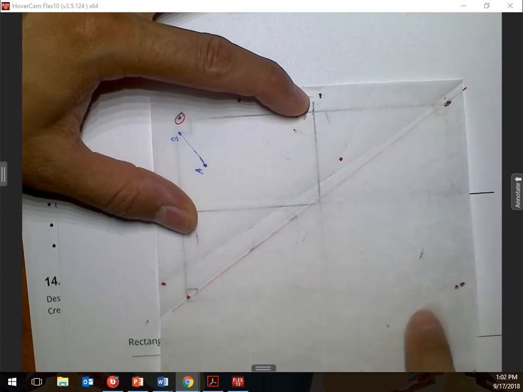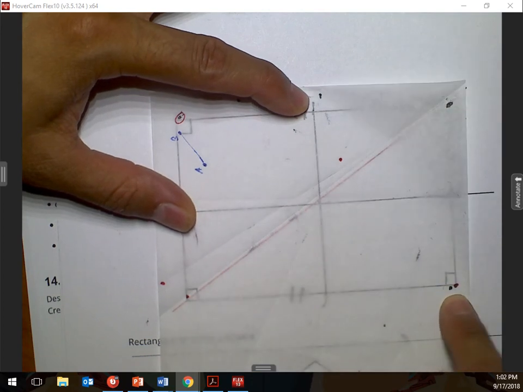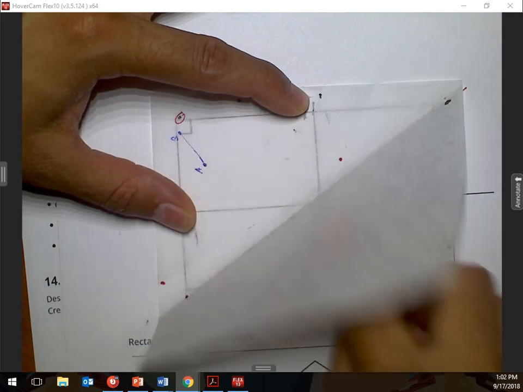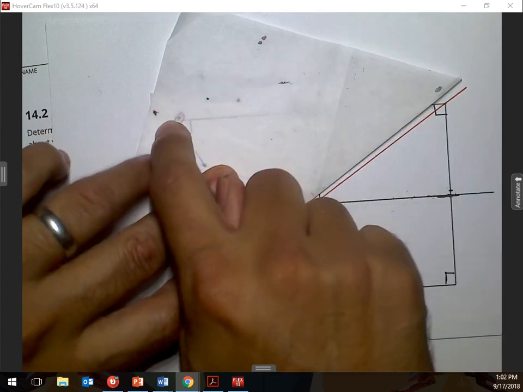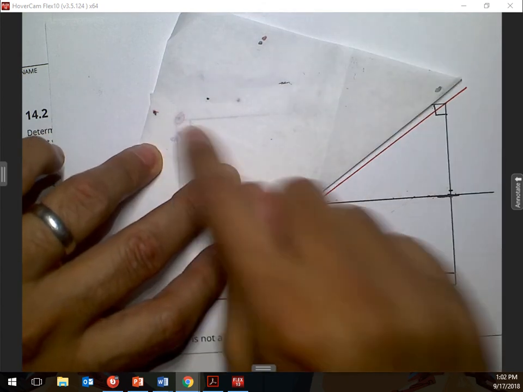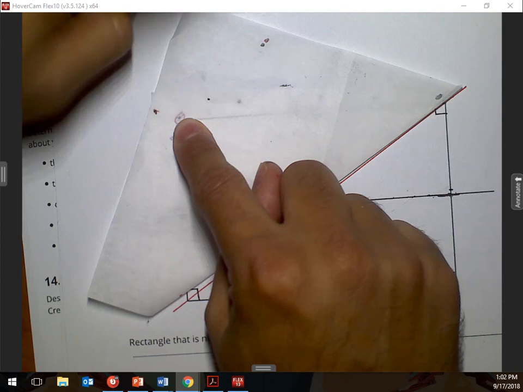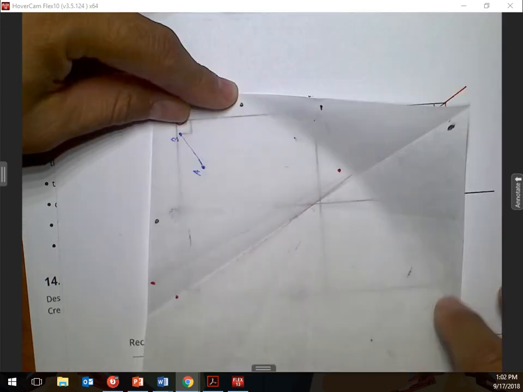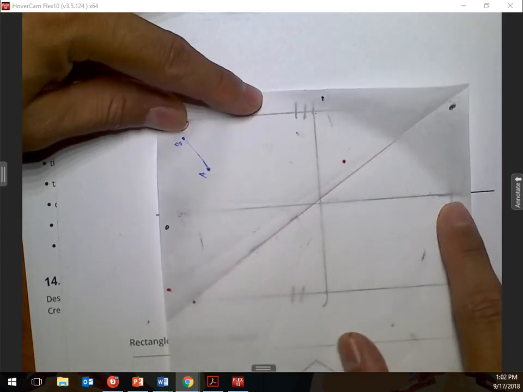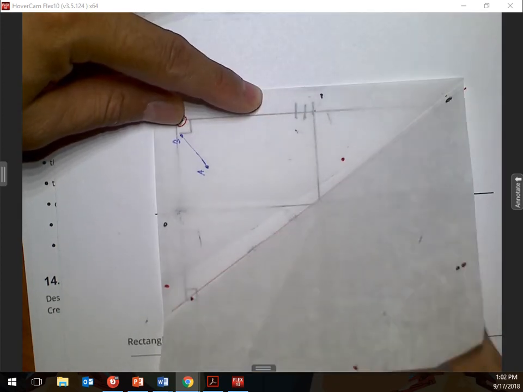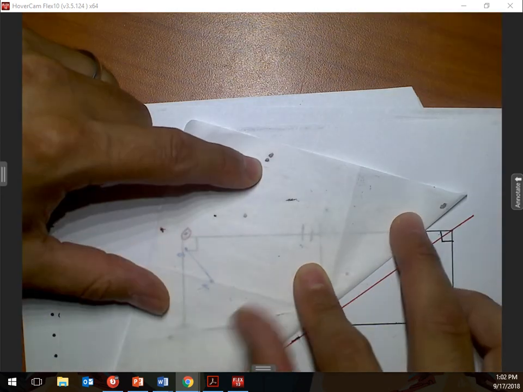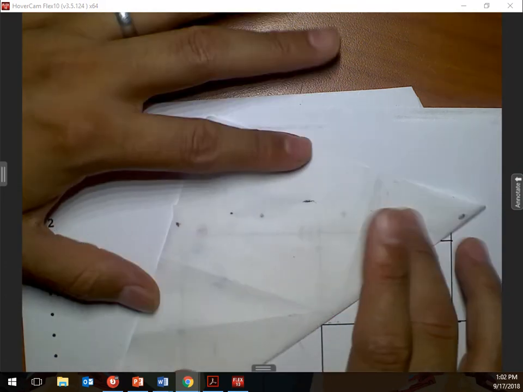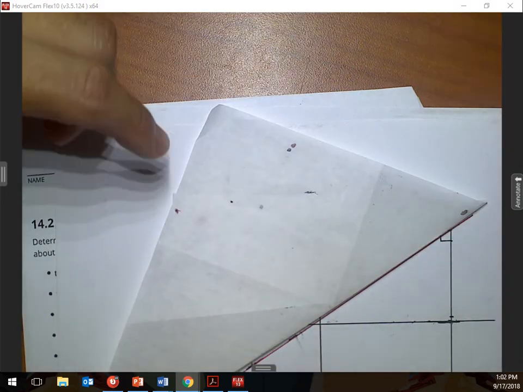If I did this right, this point over here in the corner should be over here at this circle. As I fold this over, does it show up to my circle? No, it doesn't. The circle shows up, but look, this point right here is way up here, right? So it's way off. So this one is going to be my non-line of symmetry, that means that it doesn't fold.